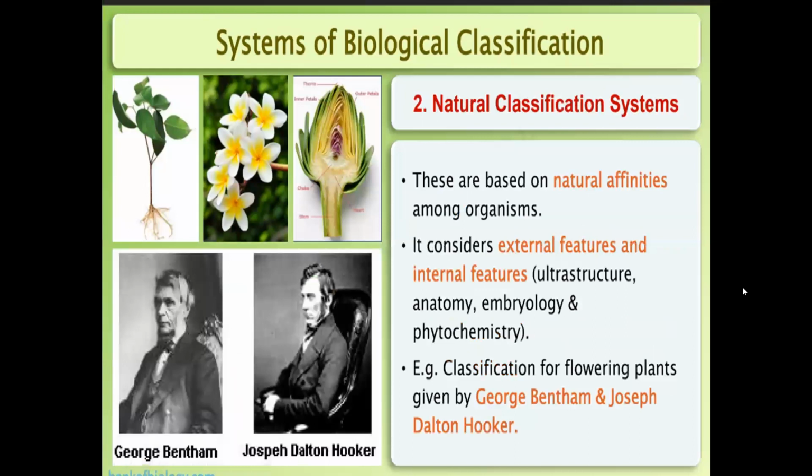Then the natural classification system. This is based on natural affinities among organisms. It considers external features and internal features. In the previous system there was no microscope study; here they study internal features, for example ultrastructure, anatomy (what is inside the plant), embryology (how the embryo grows), and phytochemistry (chemical reactions that take place in the plant).